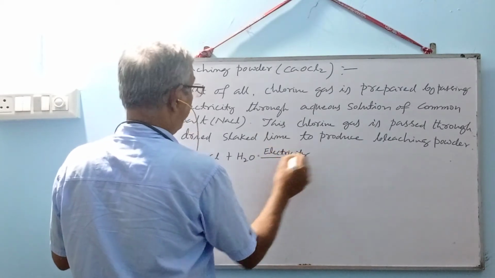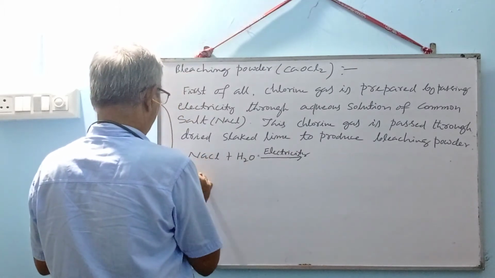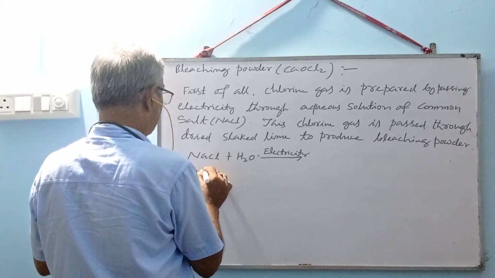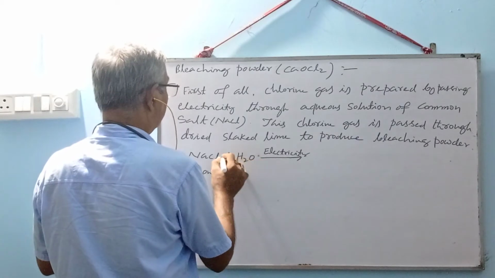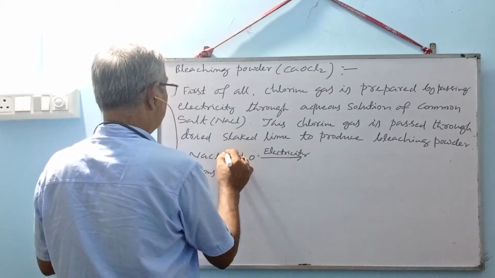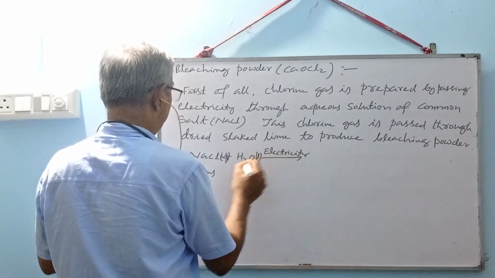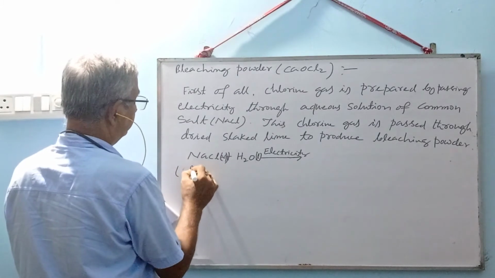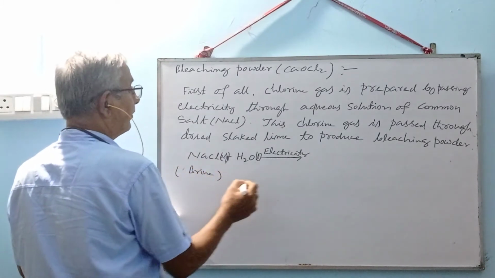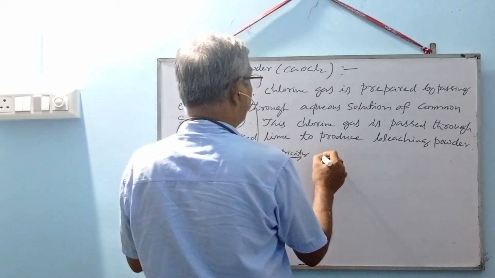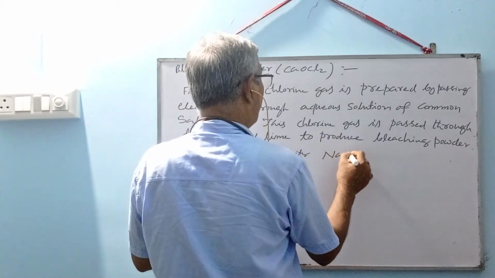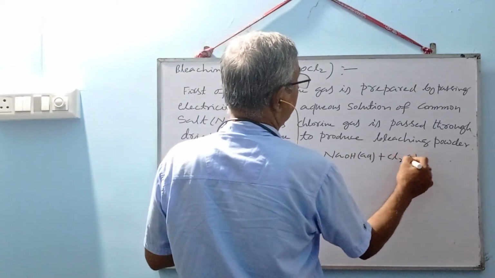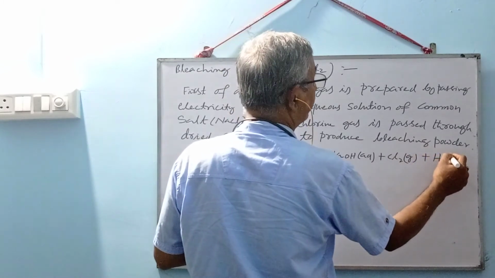This is called brine, an aqueous solution, AQ you can write. After that, here what you are getting? NaOH aqueous plus chlorine gas. Then hydrogen gas you are getting.